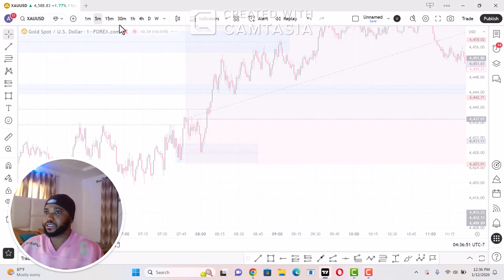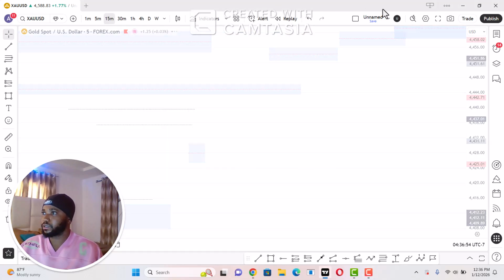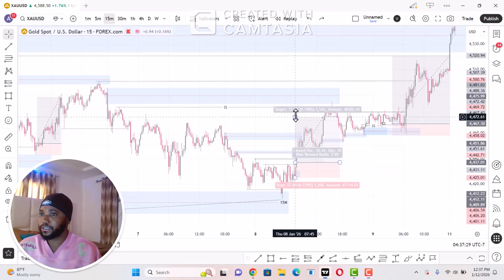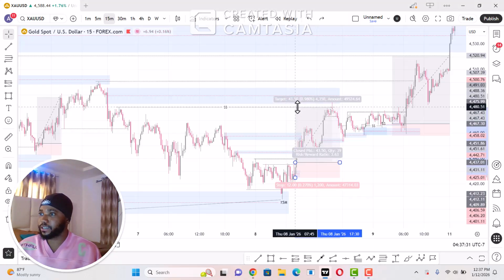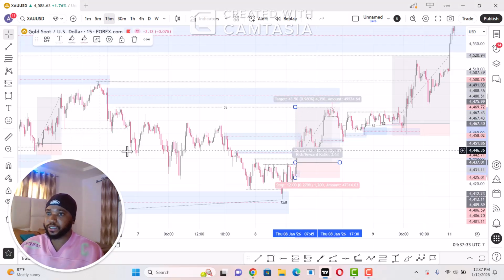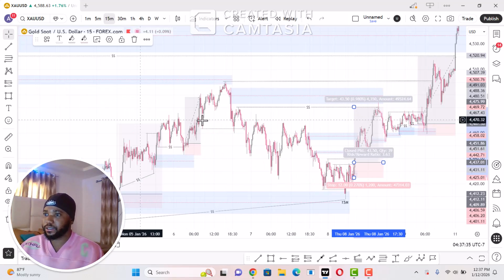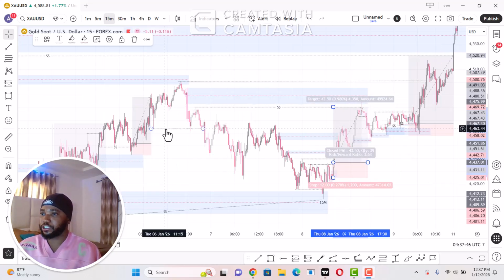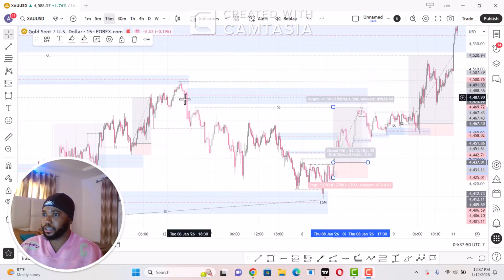I was targeting this area because I figured out this liquidity side. After this market shift occurred, the market had not gotten back to the area that caused the market shift.